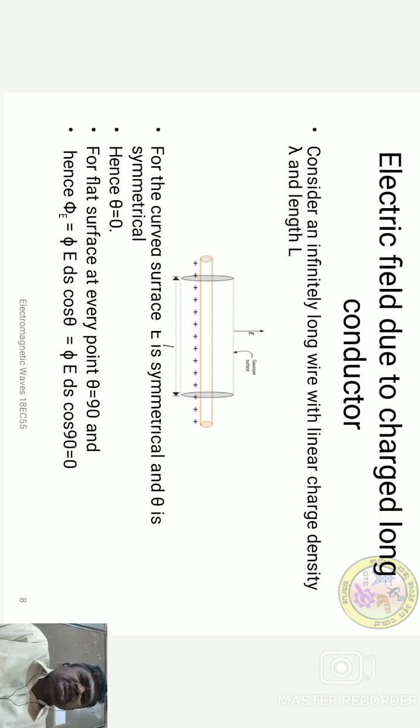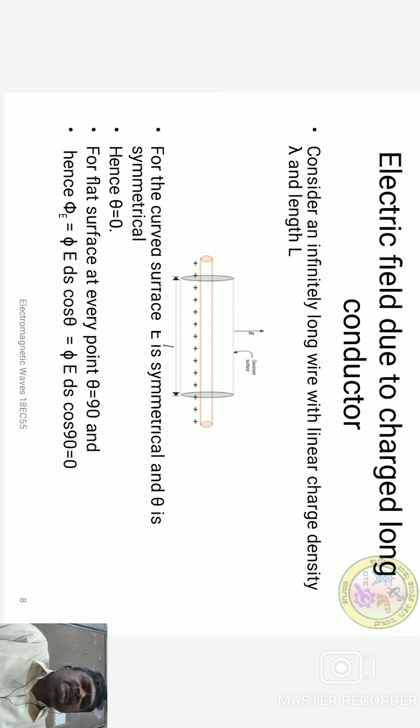In the earlier case there was only one point charge. Now here it is not a point charge, there are many charges throughout the conductor. For this type of charge, how do we calculate the electric field?